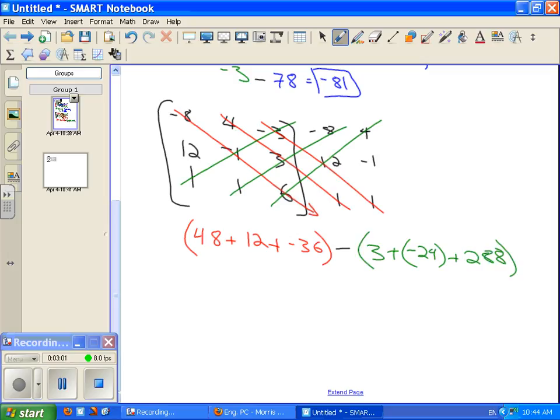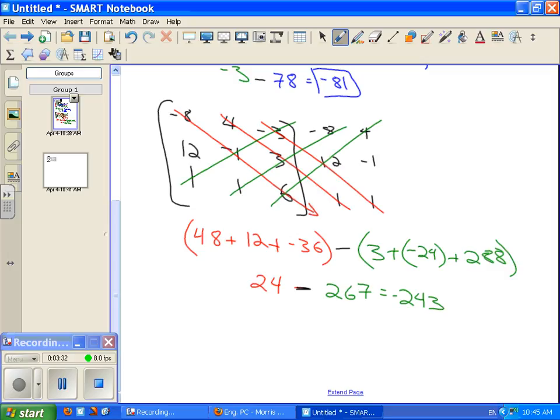All right. So what do I get over here now? So it'll be 60 minus 36 minus, what is it? 267. All right, so that's going to get me 243. Negative even. All right, so I have that.